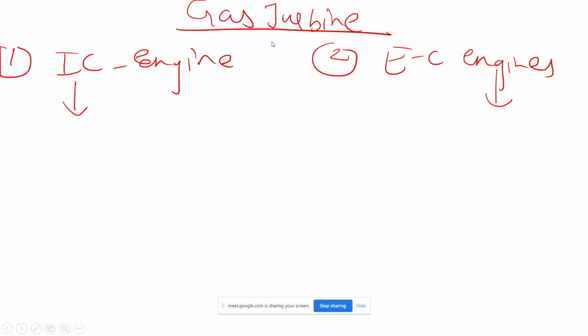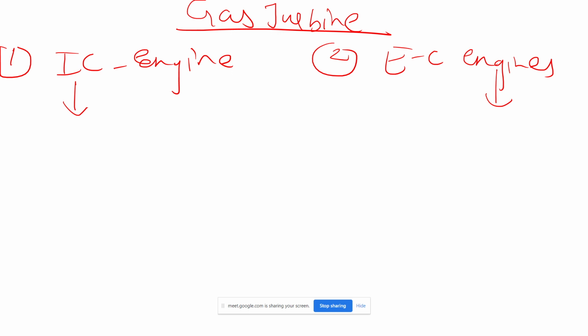What is the difference between them? In an internal combustion engine, both compression and expansion of the working fluid take place at the same location, that is inside the cylinder, whereas in an external combustion engine, compression takes place at one position and expansion takes place at another position. That's why we call the gas turbine an external combustion engine.